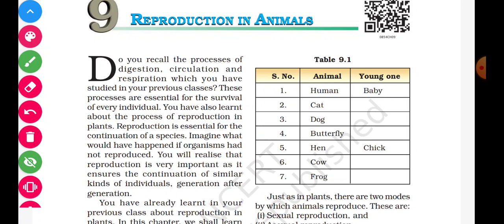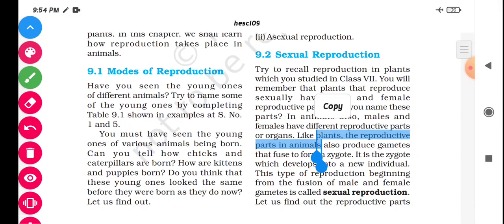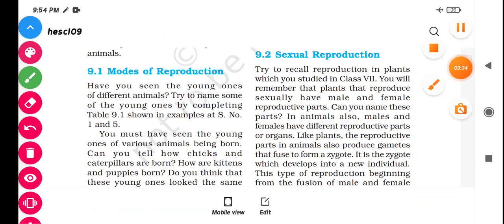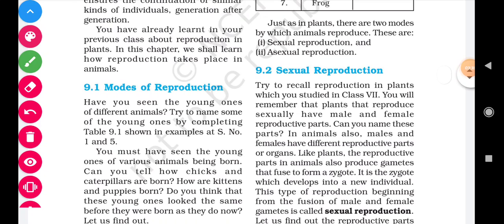Say, for example, if you take a human as an animal, then the young one of the human being is called a baby, while for hen, its young one name is chick. In a similar way, this is all about this table.